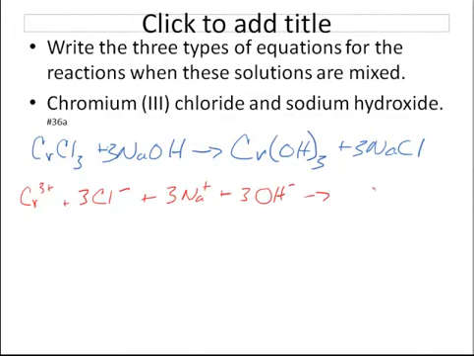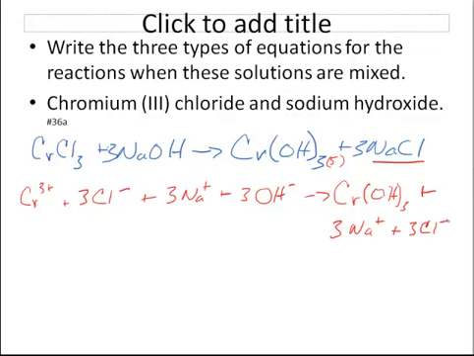Now, which of these 2 is my precipitate? Well, sodium chloride you know is soluble, so this must be my insoluble compound. So chromium hydroxide plus, I'm going to have to put it down here, 3 Na pluses plus 3 Cl minuses.